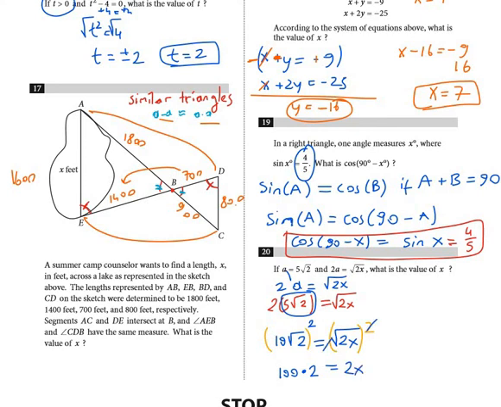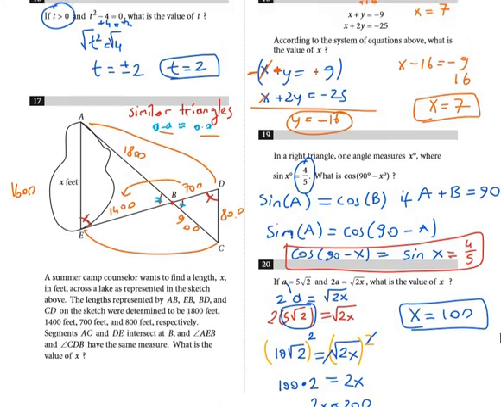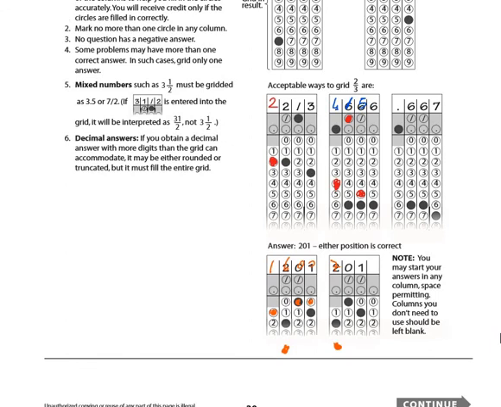Now we have 200 equals 2x, and then divide both sides by 2, so x equals 100. That's it. X is just 100. And then you're going to go to your grid in, write here 100, and then bubble in 100. That's it.